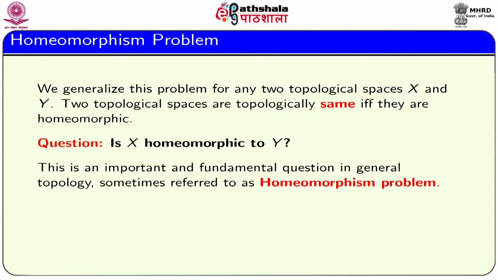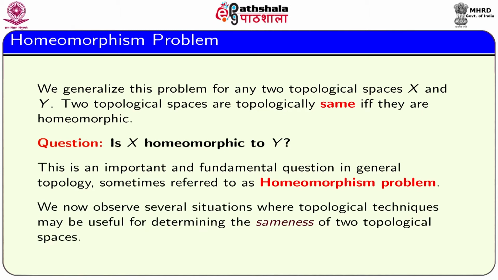This is an important and fundamental question in general topology, and it is sometimes referred to as the homeomorphism problem. We now observe several situations where topological techniques may be useful for determining this sameness of two topological spaces.